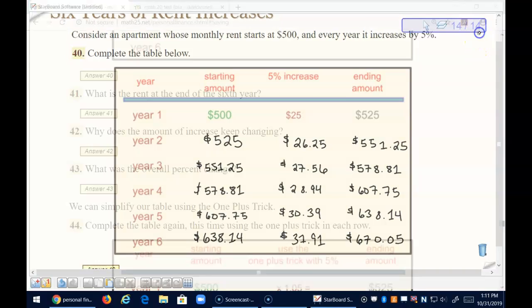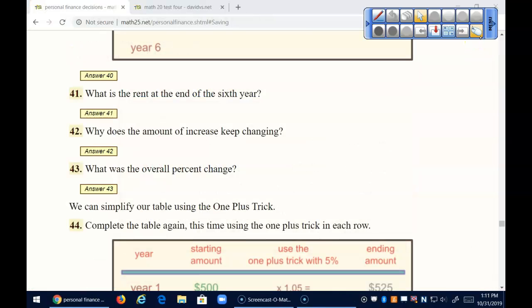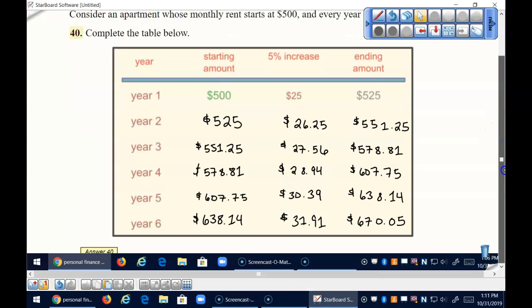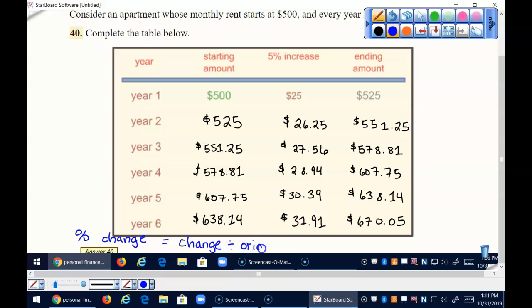We could ask, what's the overall percent change? So the percent change formula is change over original, change divided by original. Remember that one we've used before?